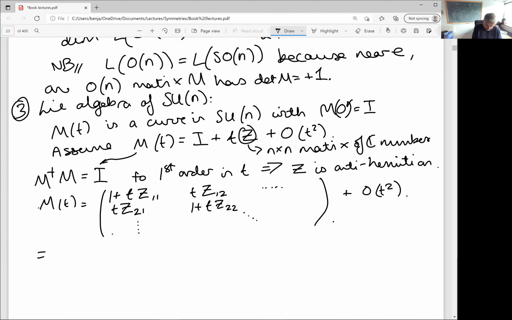So the determinant of this matrix, well, we're going to get lots of terms, but what I'm going to be interested in is only picking up the first order term. And there's going to be plenty in the diagonal.